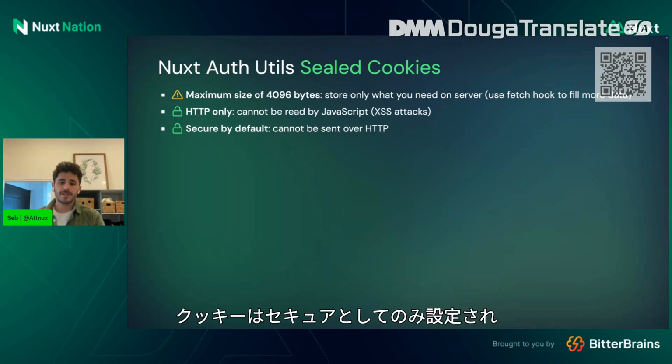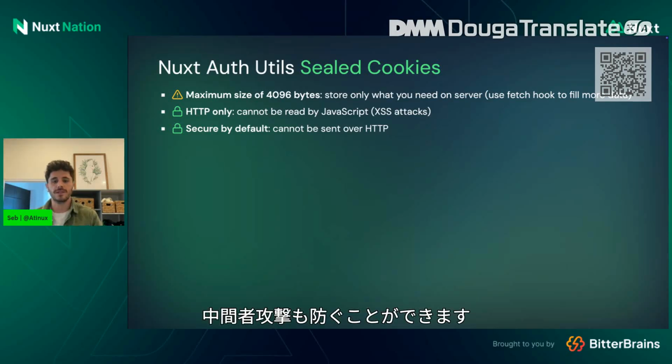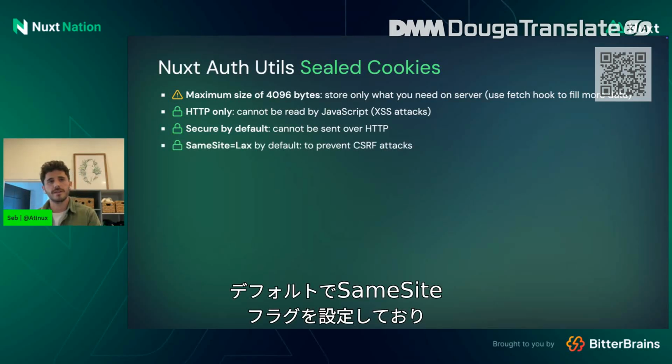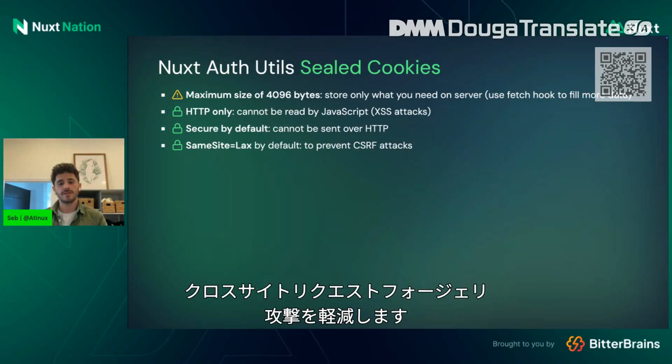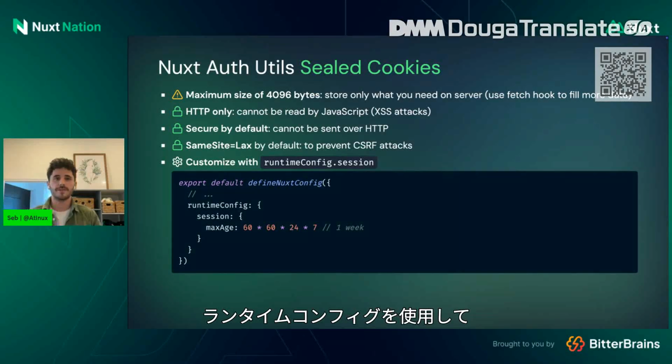The cookie is also set as secure, so it cannot be sent over HTTP, also avoiding man-in-the-middle attacks. By default, we are setting SameSite Lax to mitigate cross-site request forgery attacks. And you can customize all the session and cookie options using the runtime config.